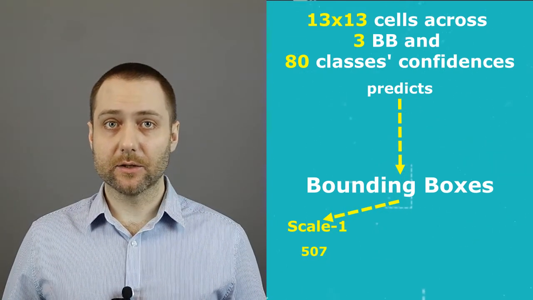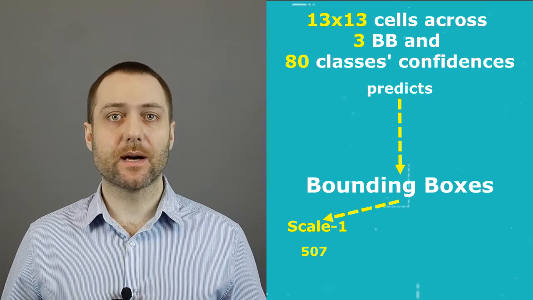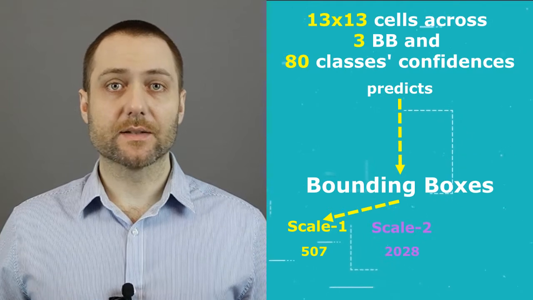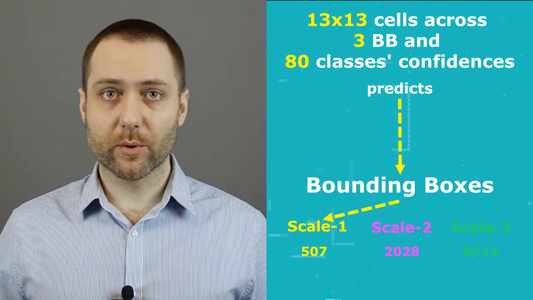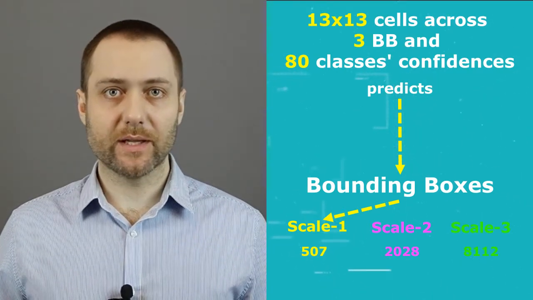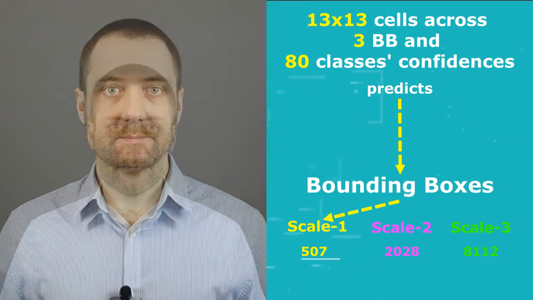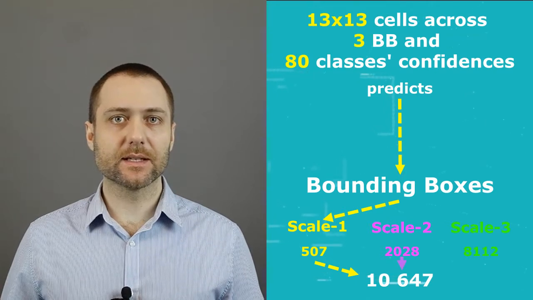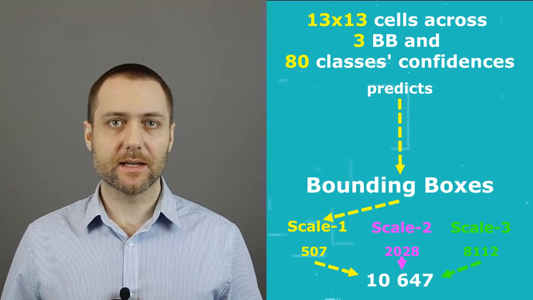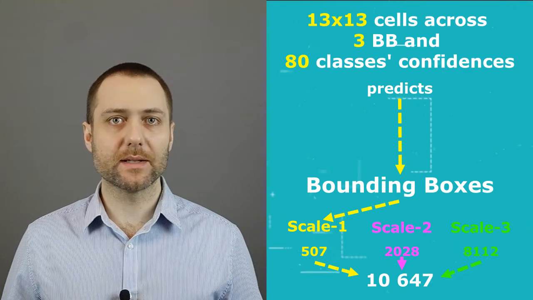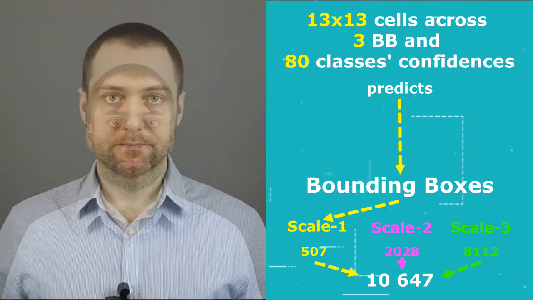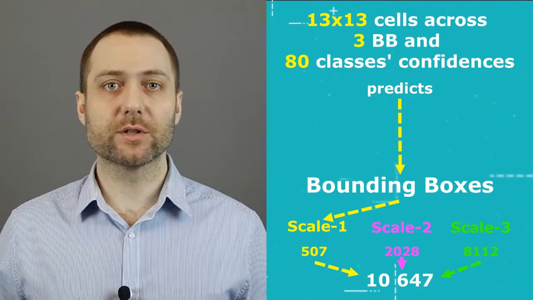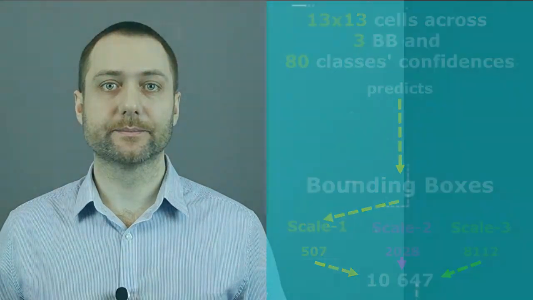Moreover, these calculations are also applied to the other scales in the network, giving us 2028 predicted boxes and 8112 predicted boxes. In total, YOLO version 3 predicts 10,647 boxes that are filtered with the non-maximum suppression technique. Let's move to the next topic and identify how predicted bounding boxes are calculated.